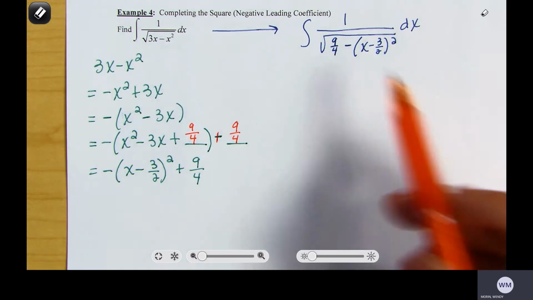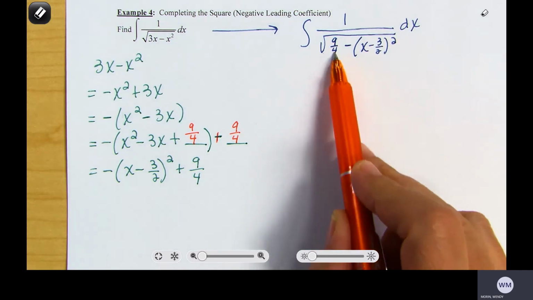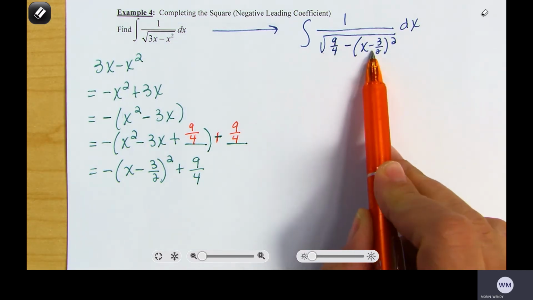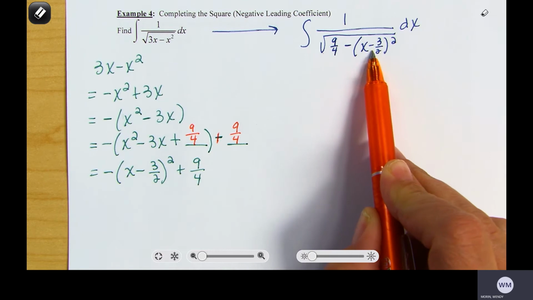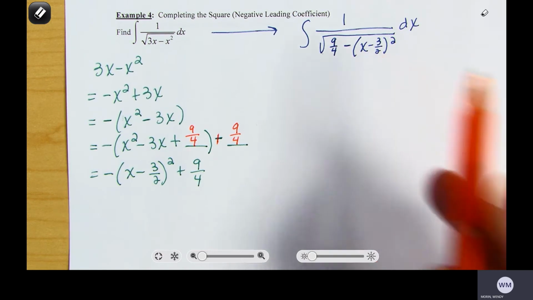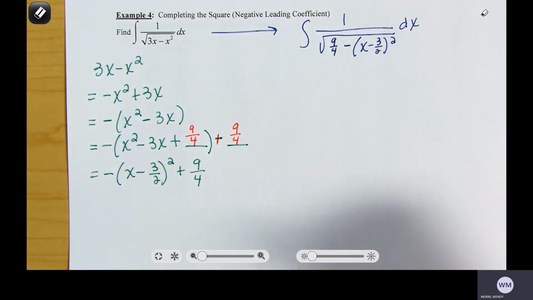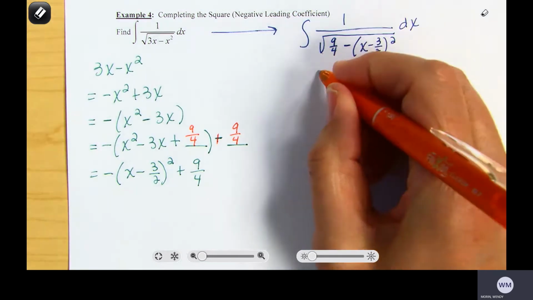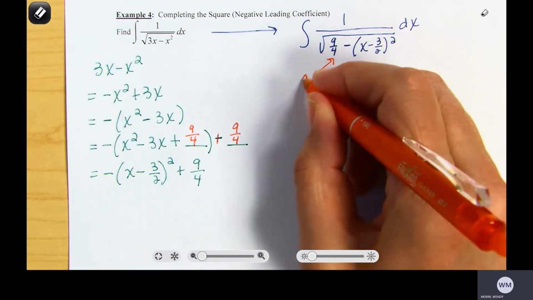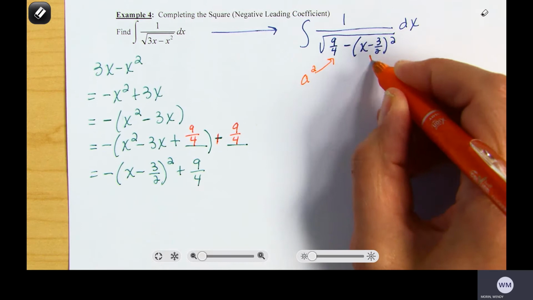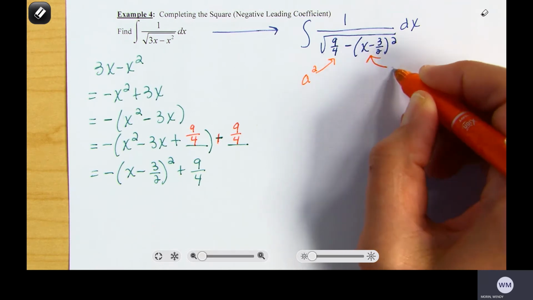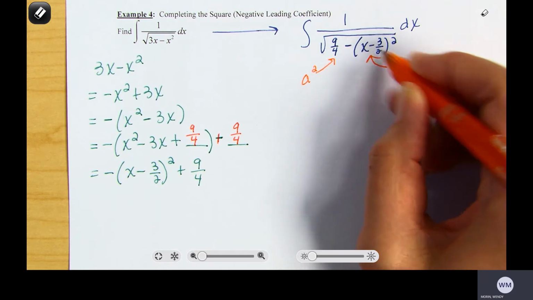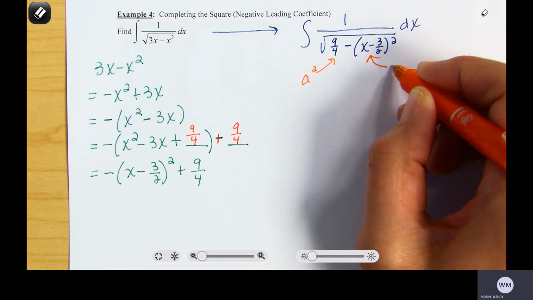Well, you should recognize that this is the square root of a squared minus u squared. And if you don't have those memorized, then you're not going to recognize that. So this is our a squared, and this function here is our u, because this whole thing is our u squared.